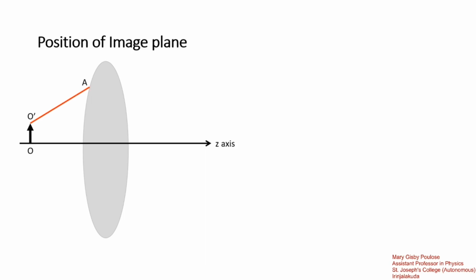In ray coordinate representation, we choose a point of the object as the source of the rays. So let the tip O dash be the source of the light ray, and light translates through air of refractive index 1 towards the point A.